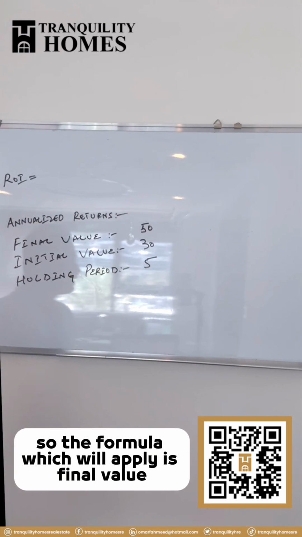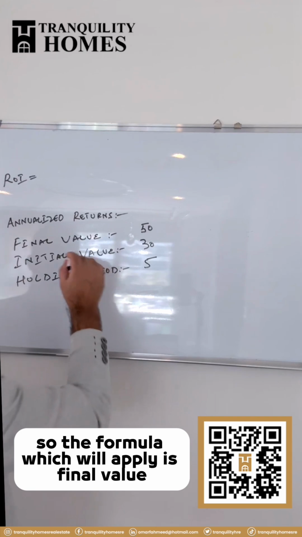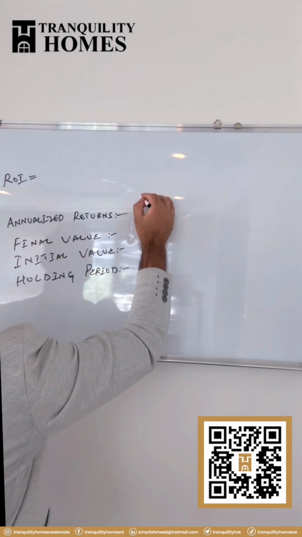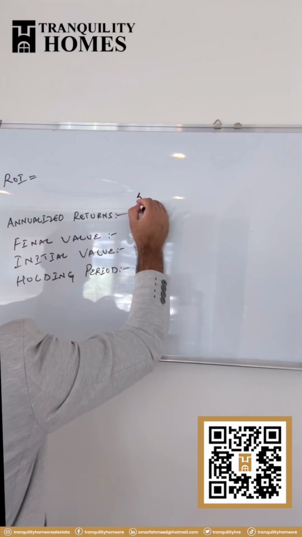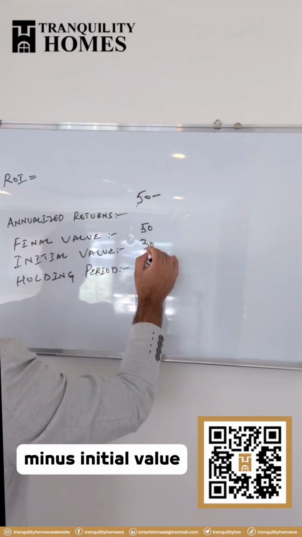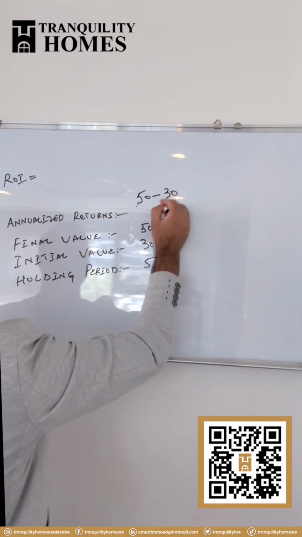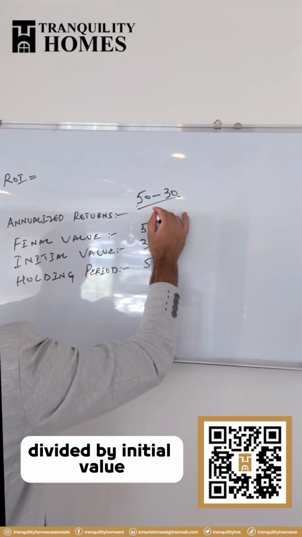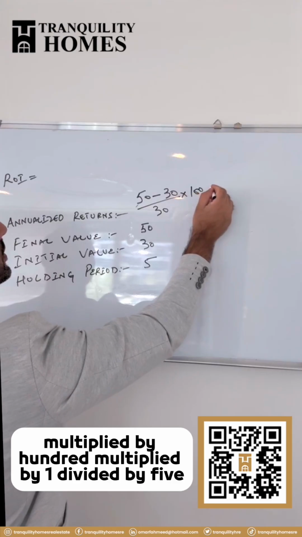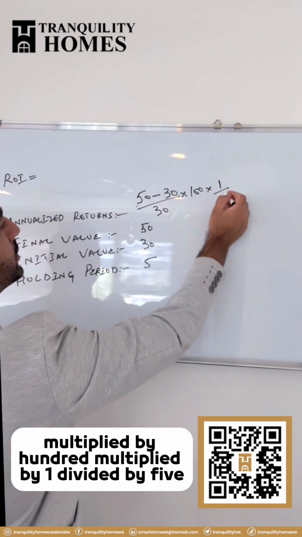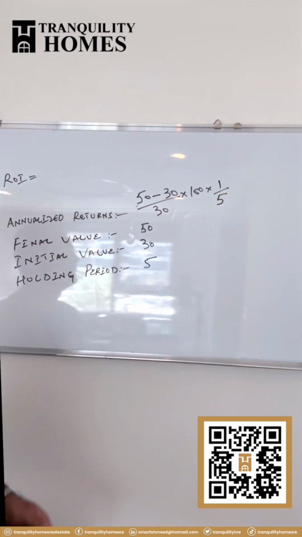So the formula which we'll apply is final value minus initial value, divided by initial value, multiplied by 100, multiplied by 1 divided by 5.